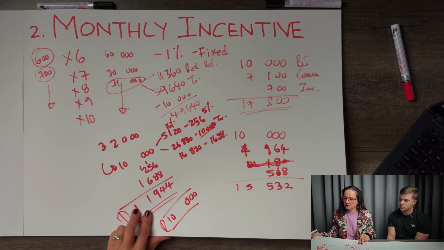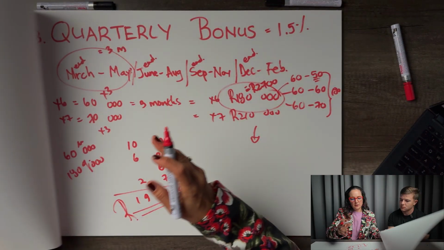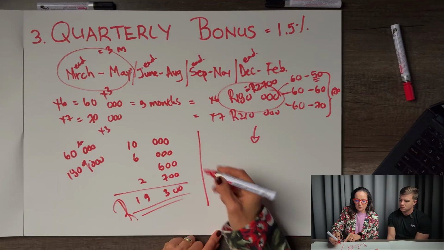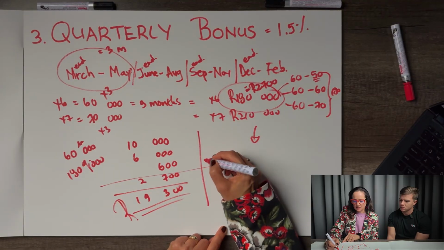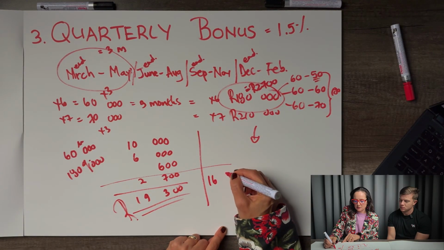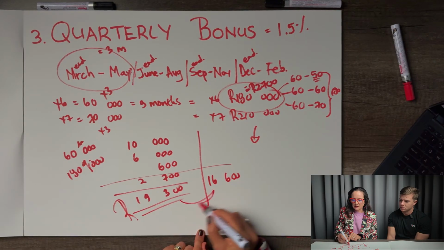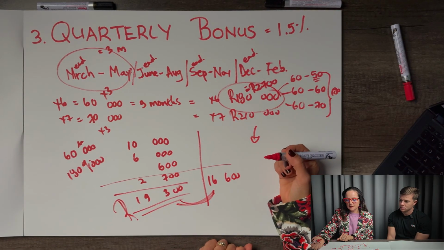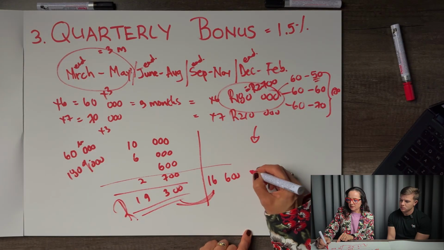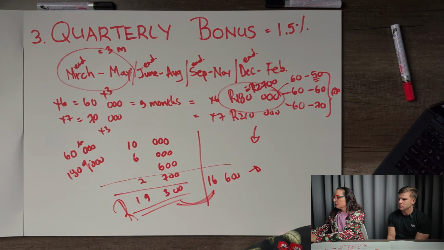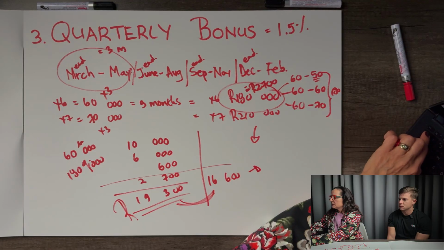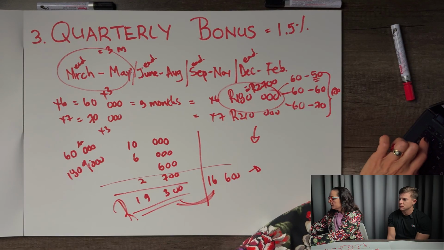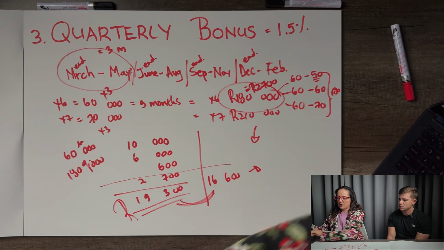Okay. So in her bonus month, she did that, and we said in her month where she only made, that was the 70. Let's do, if she didn't make that, we said she would do 16,600. You can see there's a nice jump there. What I do want to show is in this particular month, what she will cost you. So the month that she only does an incentive, she's going to cost the business, I think it's 28%.